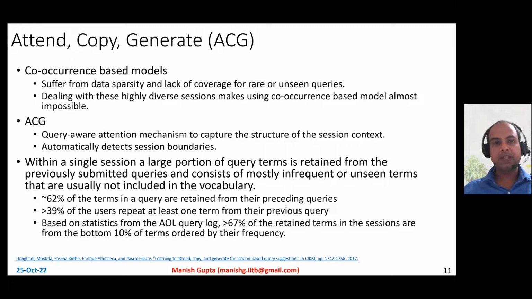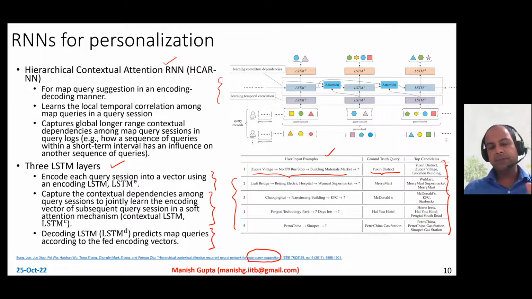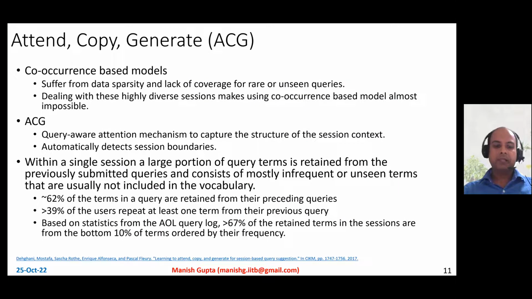Another popular method now. So far, what we have seen is people trying to incorporate personalization using traditional machine learning methods. You've seen how people have tried to incorporate personalization using an RNN encoder-decoder based method, specifically a hierarchical one. Further, people tried to extend this kind of method using the attend copy generate mechanism.